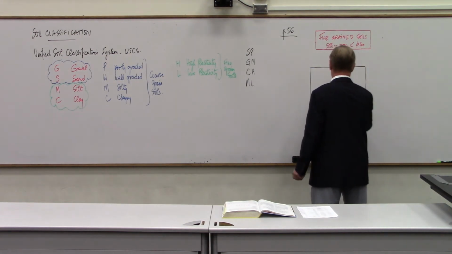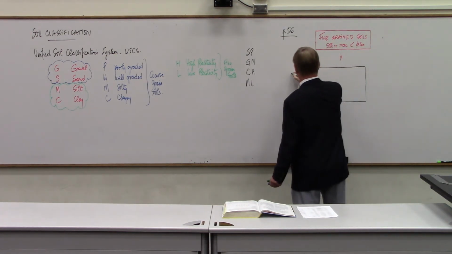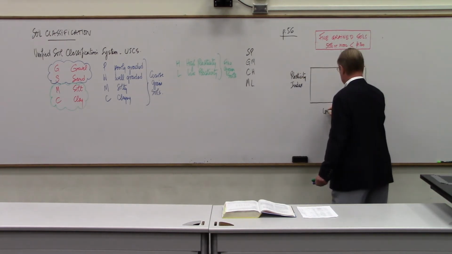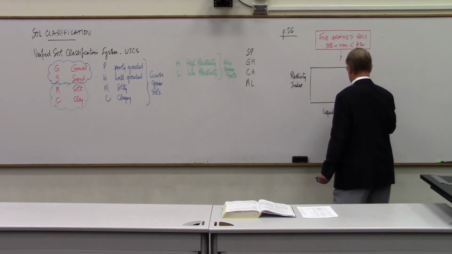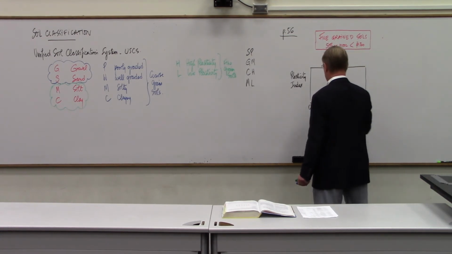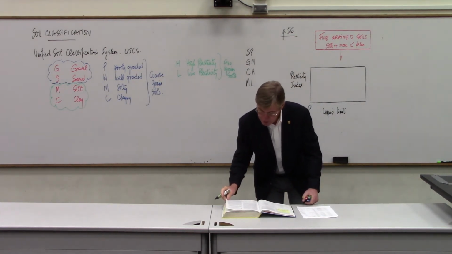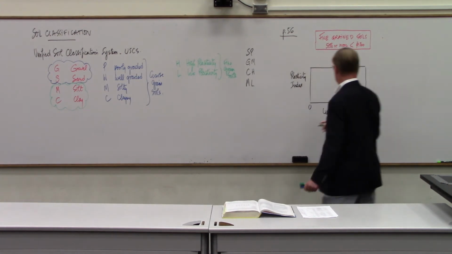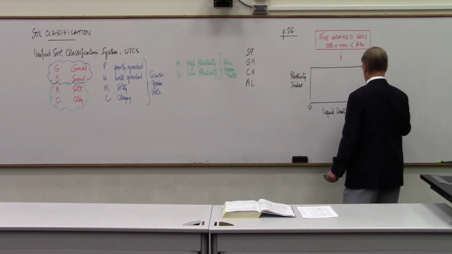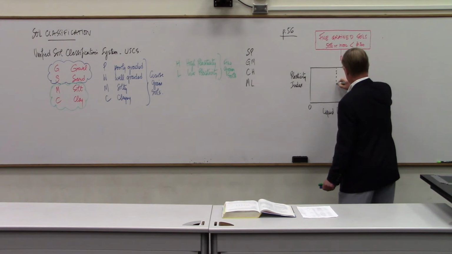And this plasticity chart has the plasticity index here, and the liquid limit on the horizontal axis. Okay, so this goes from 0 to 100, and the big separation is at 50.